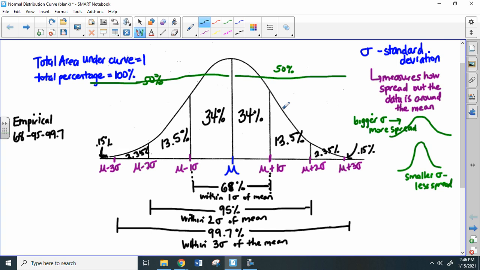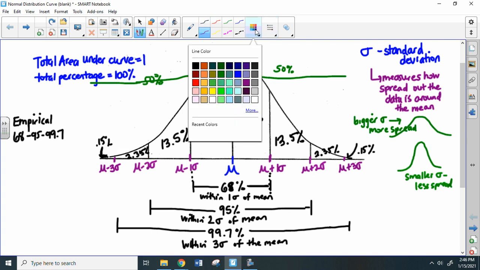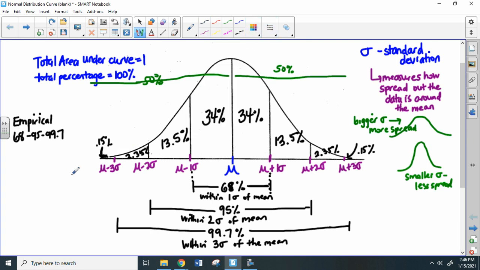Okay, now we're almost done labeling our diagram. The other thing that we're going to learn about is this thing called Z-score.